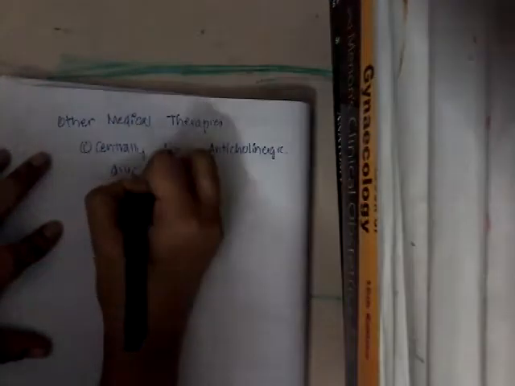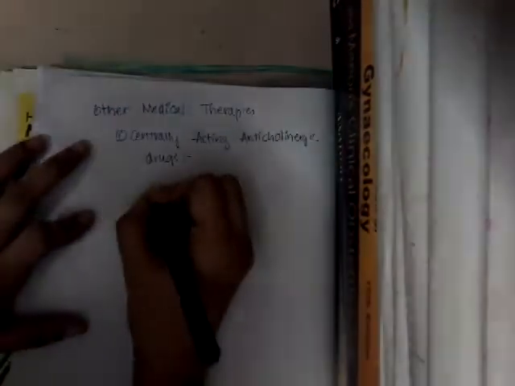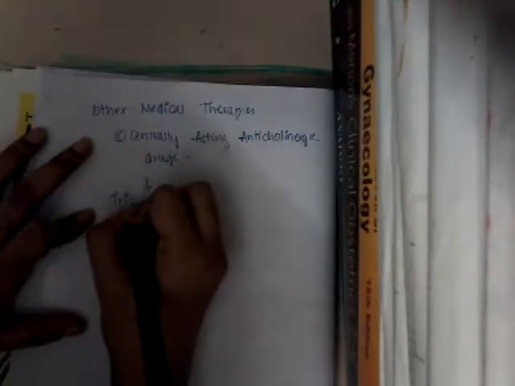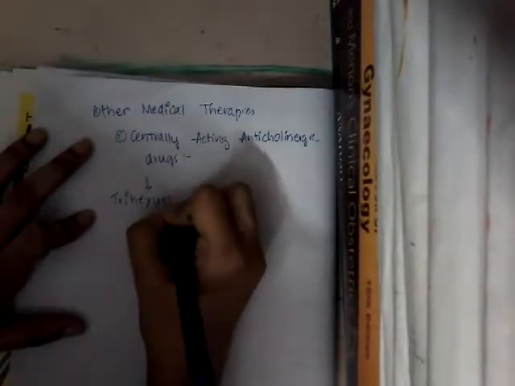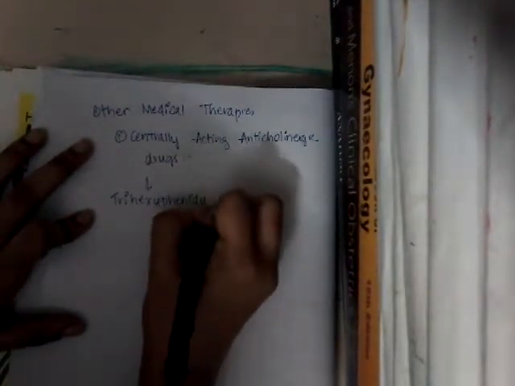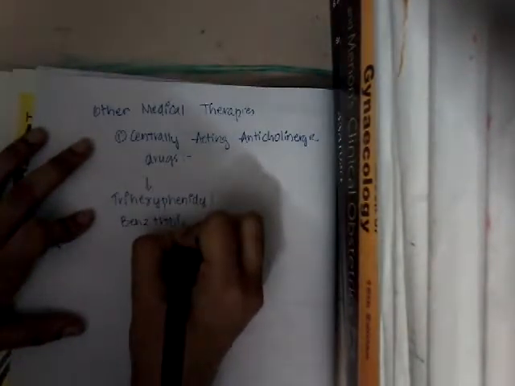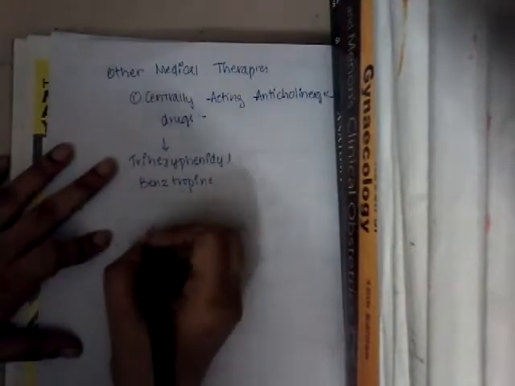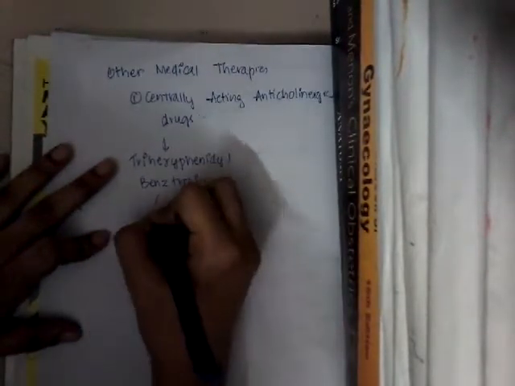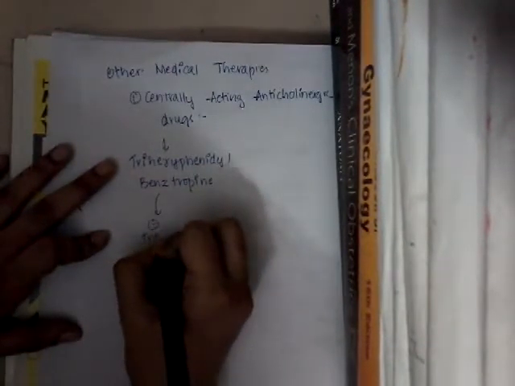The centrally acting anticholinergic drugs include trihexyphenidyl and benztropine. So what is their effect? They will inhibit tremors.